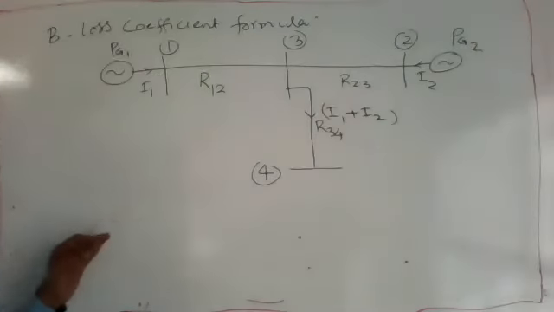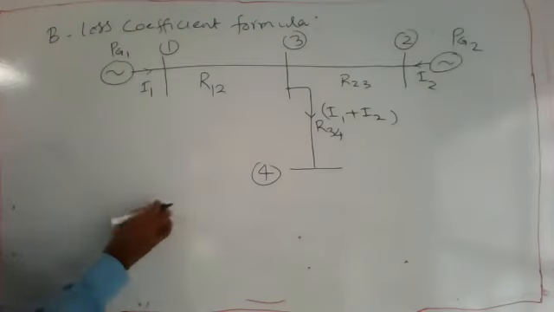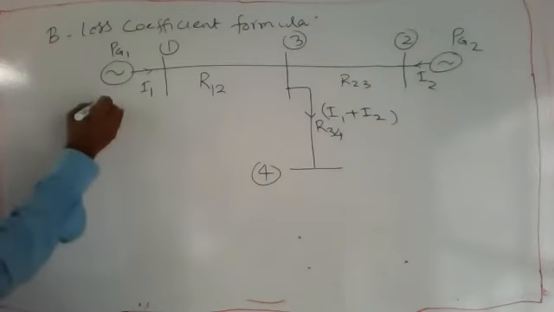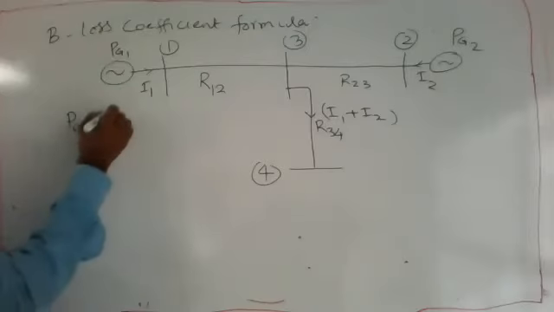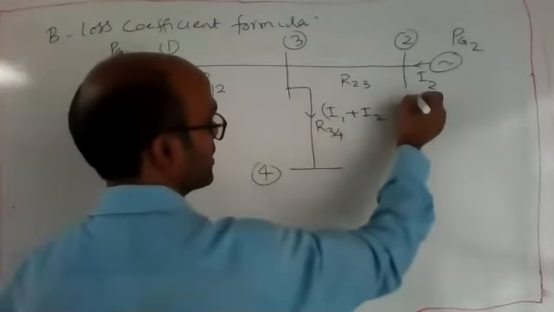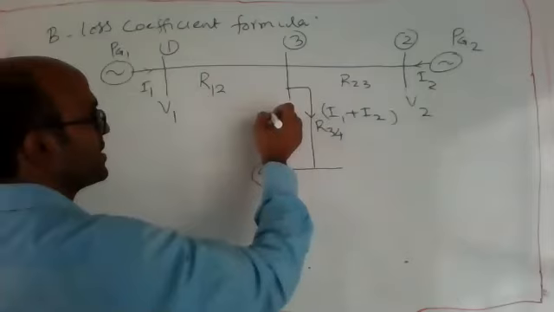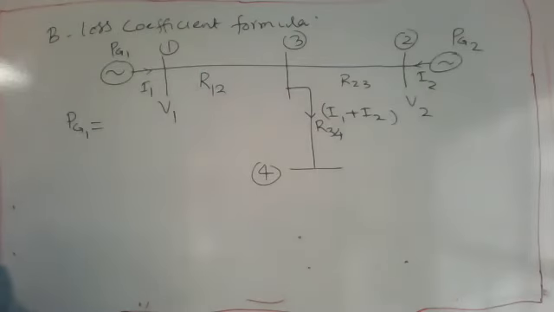Let the voltage here be V1, this voltage is V2, and we can find the other voltage simply by KCL.